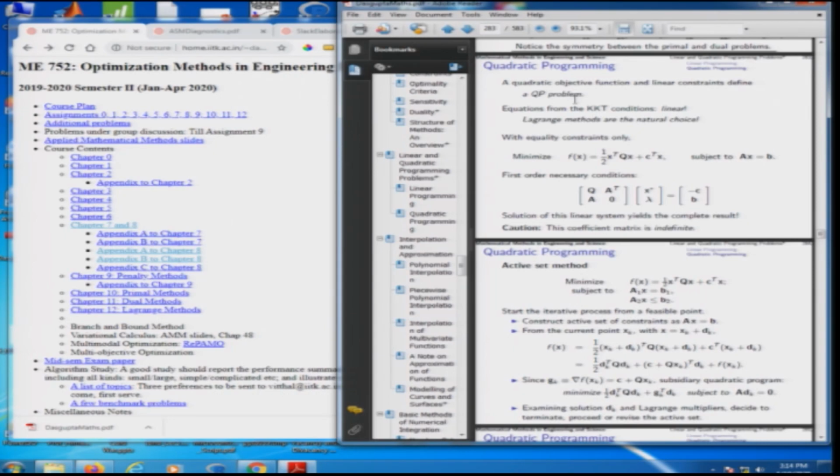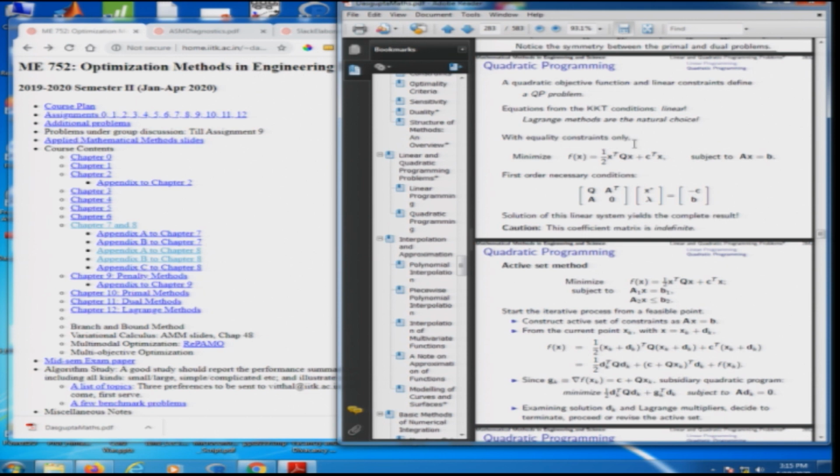It is a different matter that some of them are bilinear, okay, because they are the complementarity conditions. Other than that, everything else is linear, the equations. Okay. Let us see how. So, equations from KKT conditions are linear, and Lagrange methods therefore become the obvious natural choice, because we think that solving linear equations is an easy task, which is true also to a good extent.